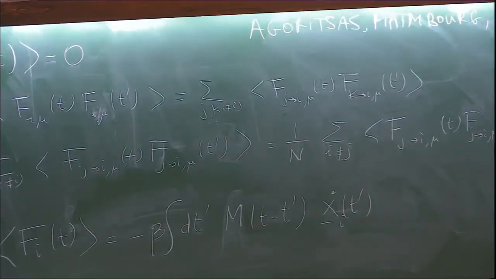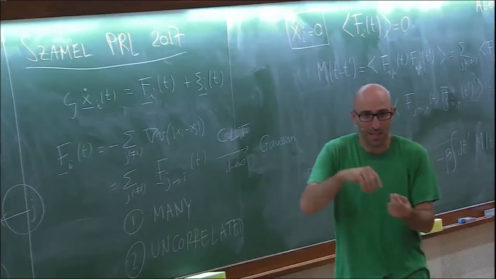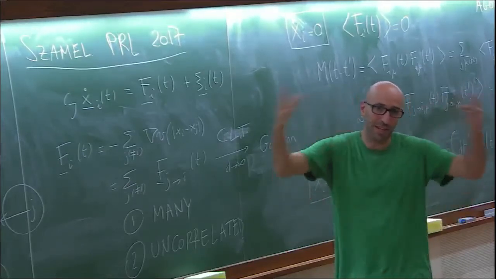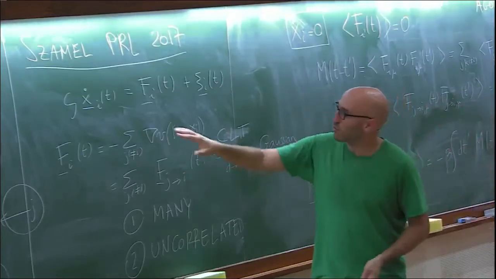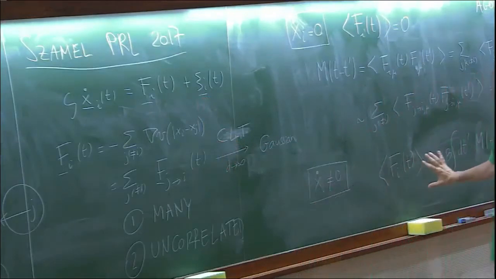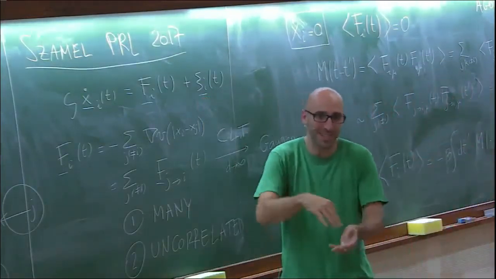It depends on all the other particles. What I'm trying to do is isolate one particle and write a kind of self-consistent equation for the trajectory of just one particle that is supposed to be in some kind of effective medium, that is the rest of the fluid. So I want to have x_i of t fixed, and I want to compute the statistics of the force over all the other particles, given the trajectory of x_i.